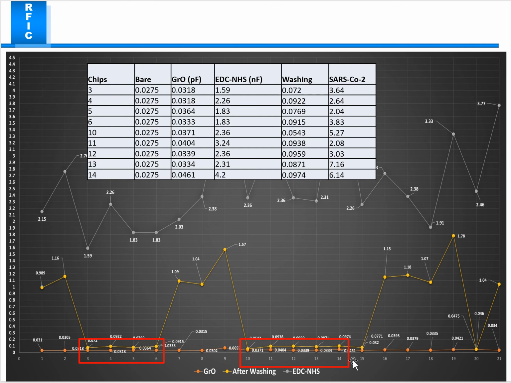After antibody immobilization, we got this kind of result in nanofarad. But unfortunately, three values are not constant: 5.27, 7.16, and 6.14 nanofarad. They are higher as compared to the others.